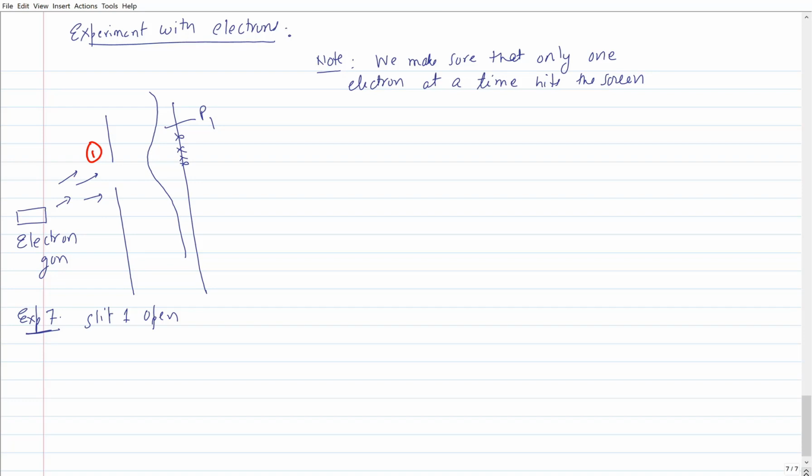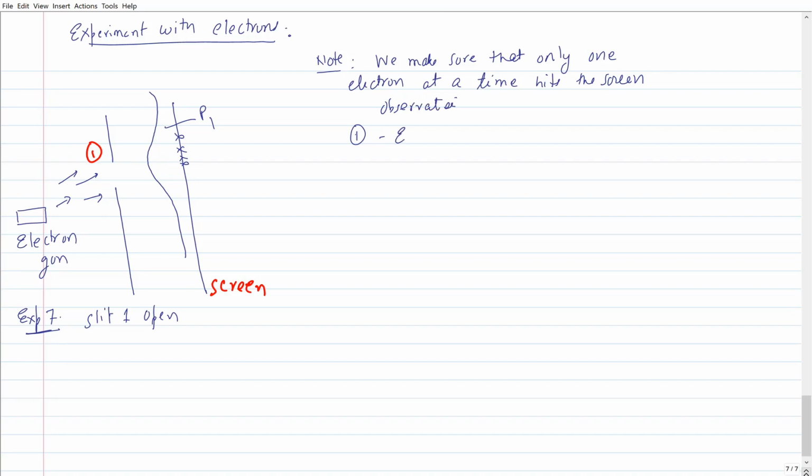When I have the upper slit open, I detect the electrons on this screen, and as I collect the electrons hitting the screen, I again make the histogram and plot the probability distribution. I get a curve exactly like the bullets. It has a peak somewhere, and I get a qualitatively similar curve. So what are the observations I have?